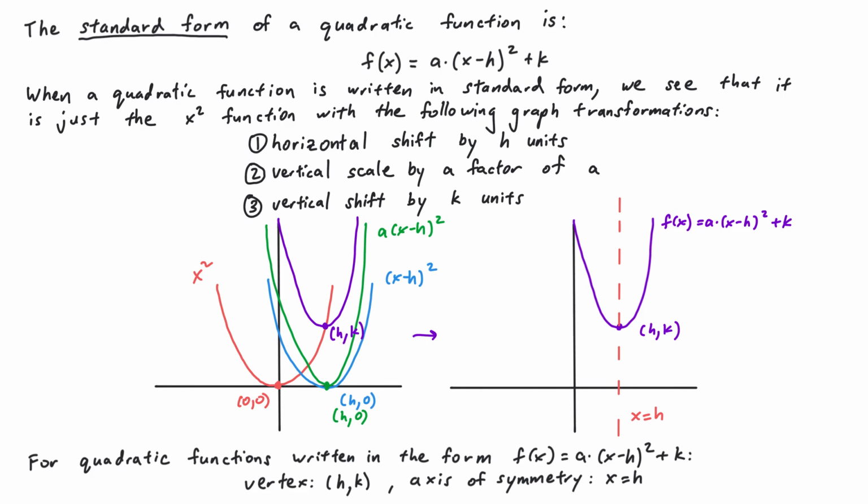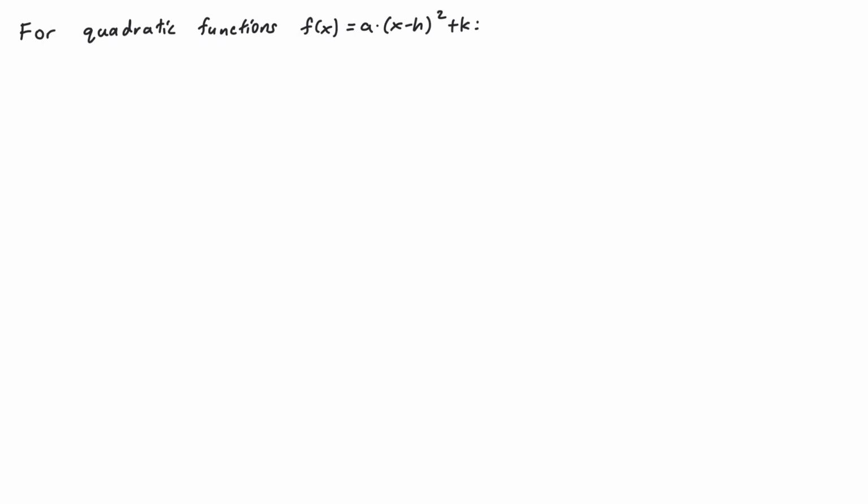One last thing to talk about in this video is how the sign of a affects the shape of the parabola. When we look at the standard form for a quadratic function, remember that the a here is a vertical scale for our graph. When a is a positive number, all we're doing is a vertical stretch or compression, so the shape of our graph doesn't look much different than the shape of the x squared function.